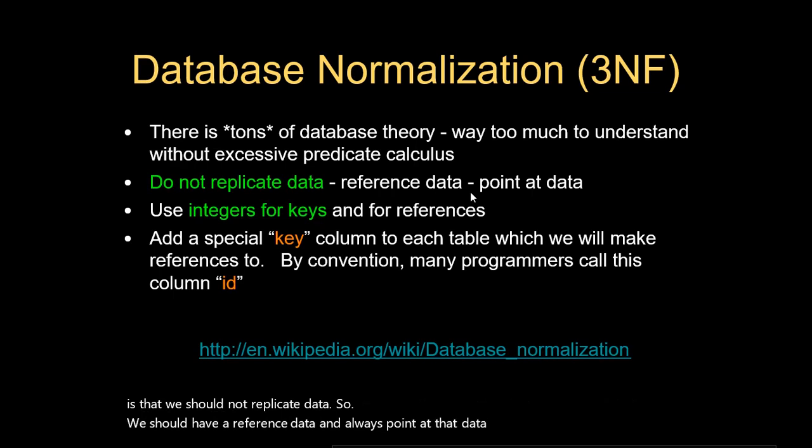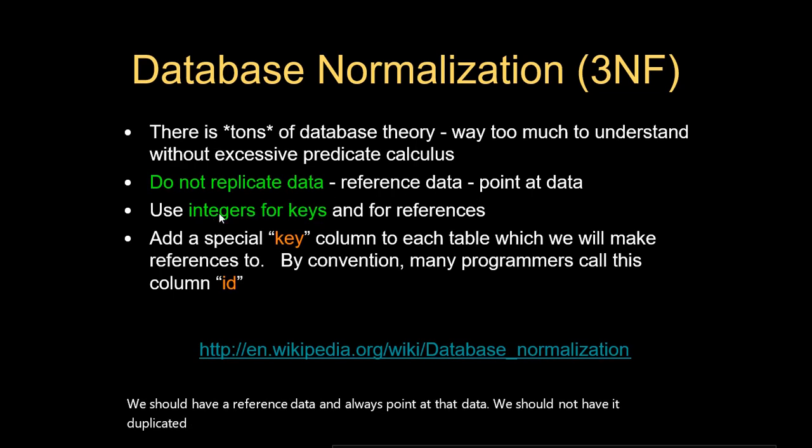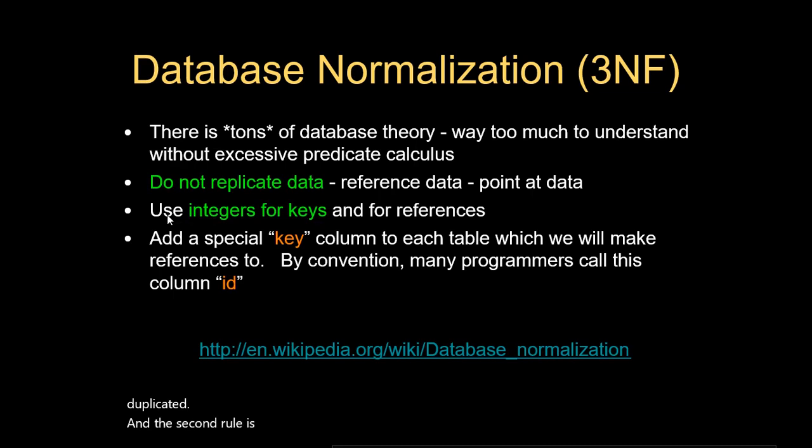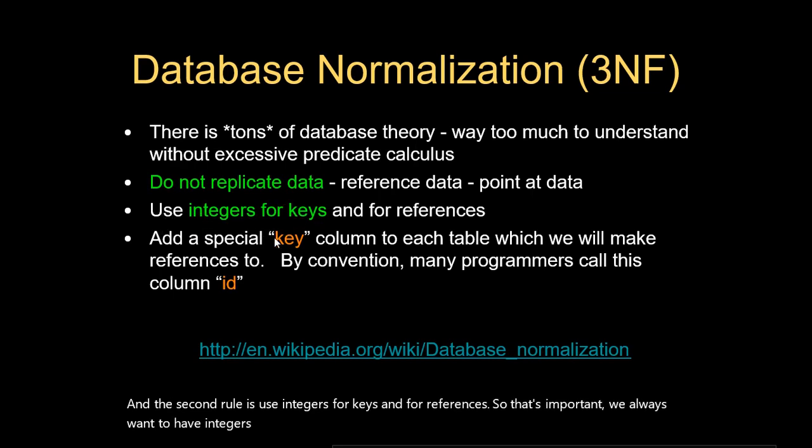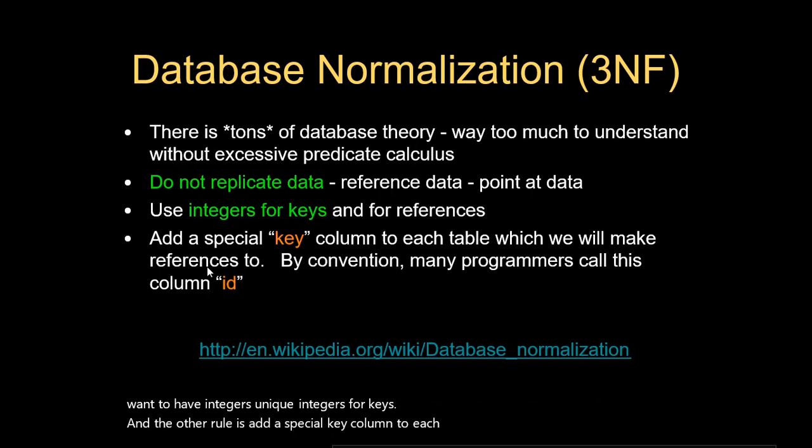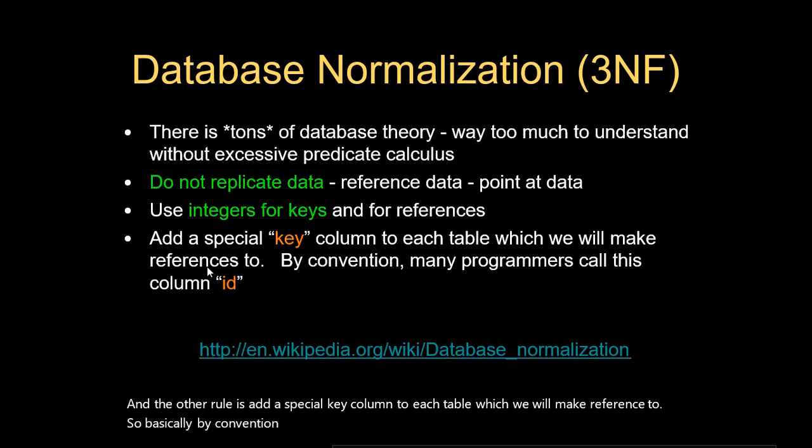We should not have it duplicated. The second rule is use integers for keys and for references. So that's important. We always want to have unique integers for keys. And the other rule is add a special key column to each table, which we will make reference to. By convention, many programmers call this column ID.